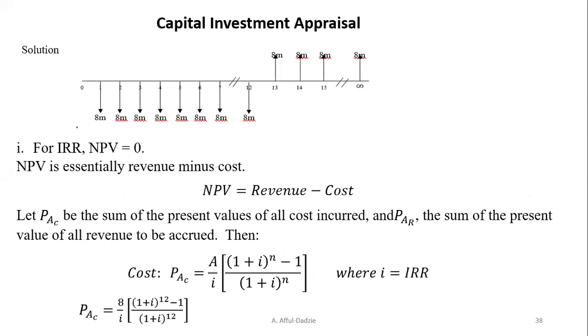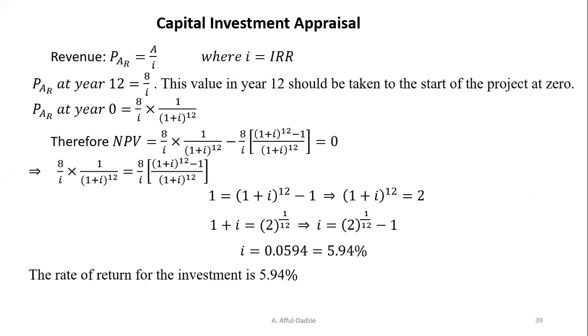Okay, so here what the question is asking us to do is find the I, that is, our internal rate of return. However, the argument here relies on the fact that in the case of the perpetuity, we do not know what I is, but we know what A is.